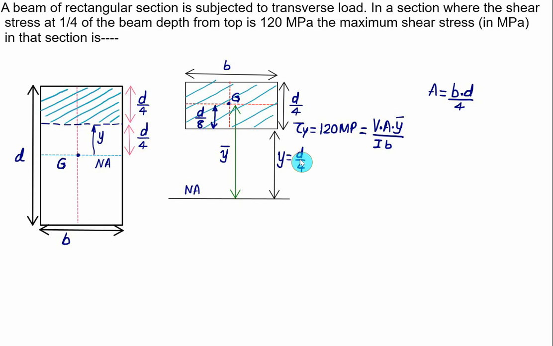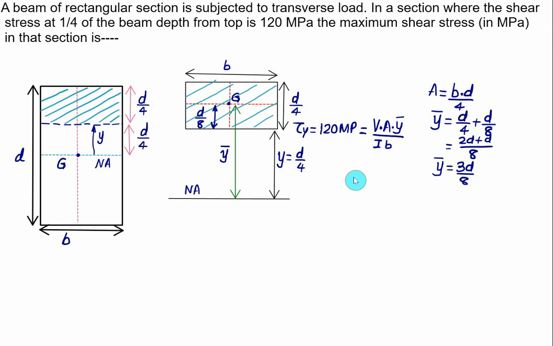Y bar is d by 4 plus d by 8. If you take the LCM, it will be 8, so we have 2 times d plus d. That is, y bar will be equal to 3 times d divided by 8.